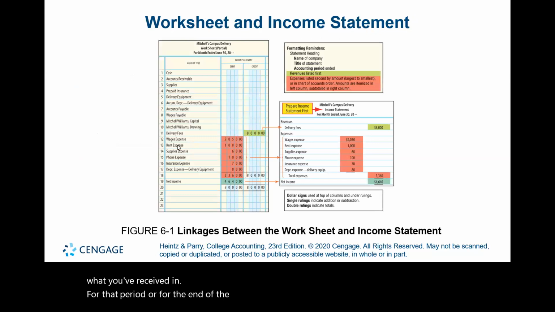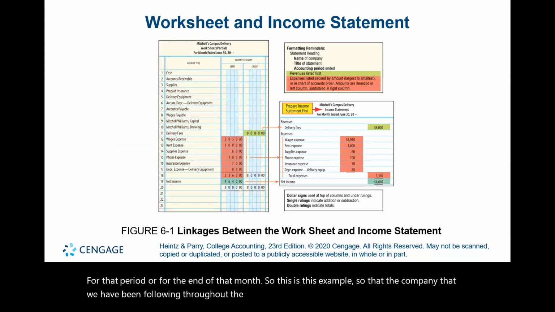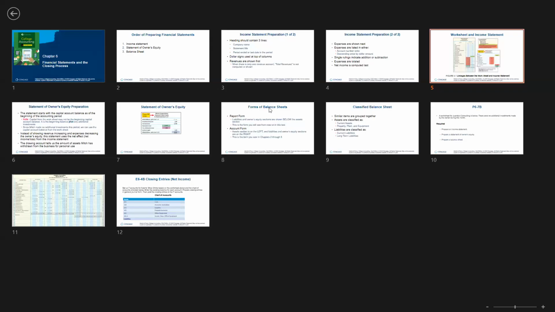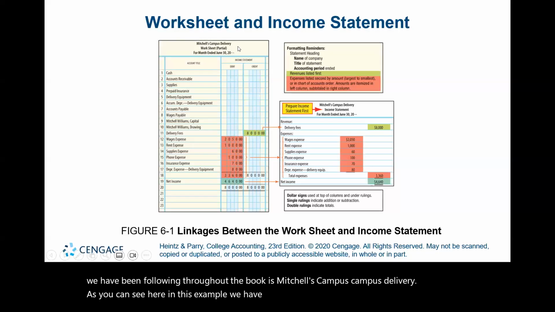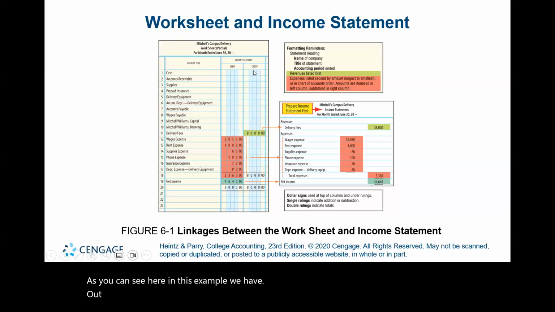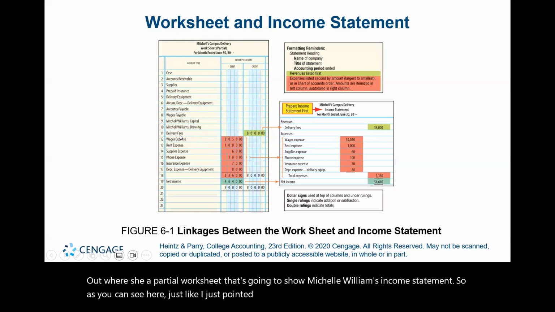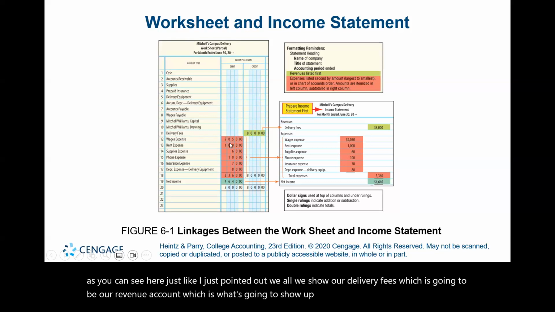You know that the company that we have been following throughout the book is Mitchell's Campus Delivery. As you can see here in this example, we have our worksheet, a partial worksheet that's going to show Mitchell Williams' income statement. Just like I just pointed out, we show our delivery fees, which is going to be our revenue account, which is what's going to show in our income statement, as well as all of those expense accounts.